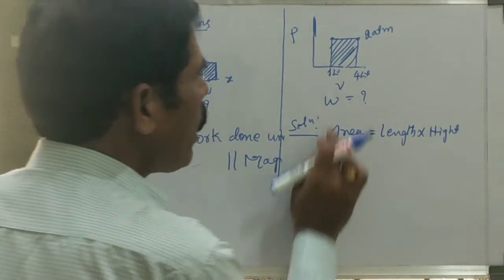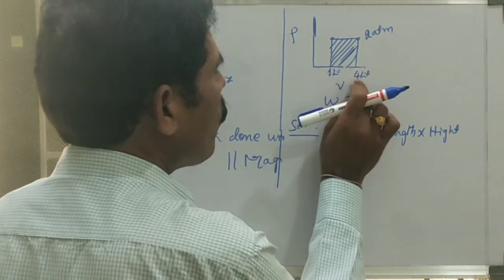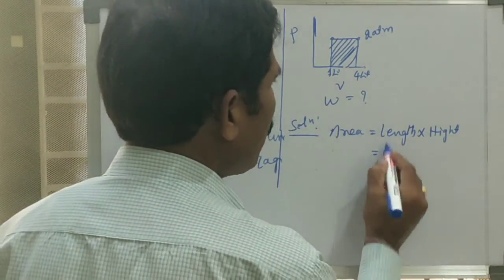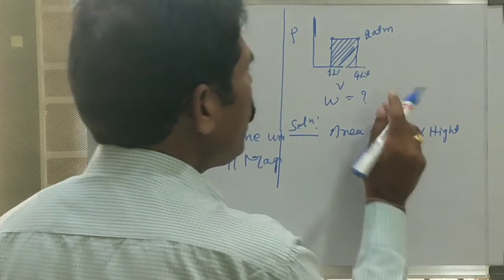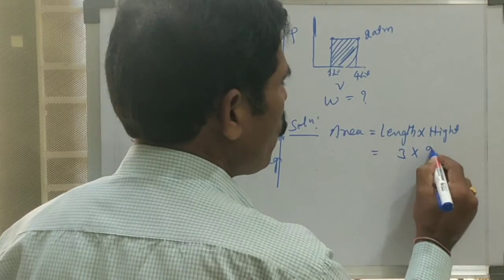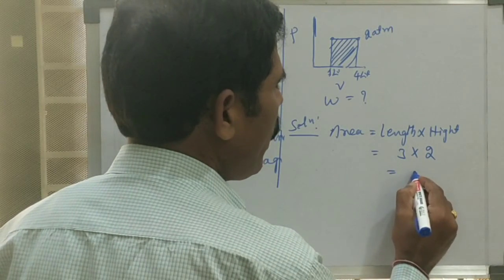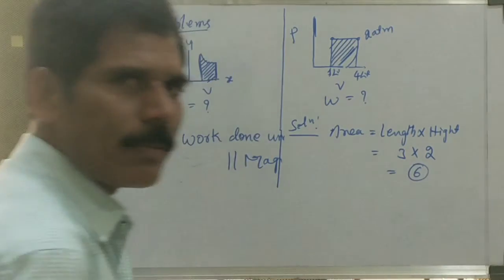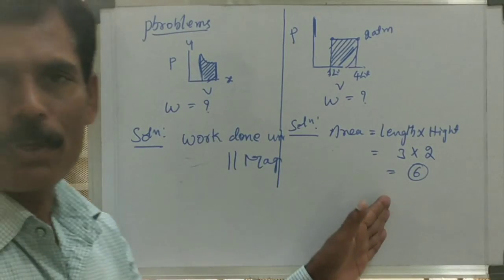How much length they have given? 4 minus 1, that is 3. Height, how much they have given? 2 atmosphere. So 3 into 2 is equal to 6. But this is not the process.